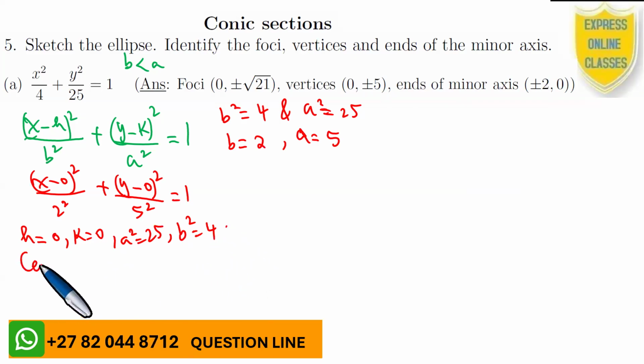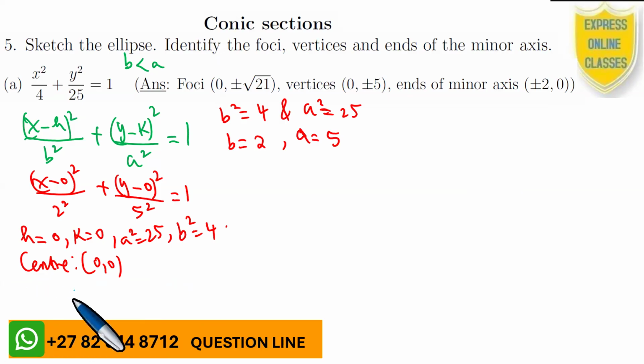This means that we can get the center. The center of the ellipse is 0, 0. Okay, if you get the center of the ellipse at 0, 0, then we have also some other things.